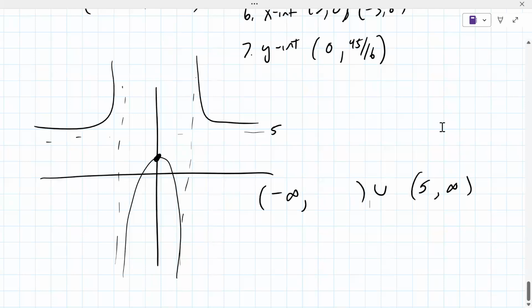Let me find the maximum there. All right, I got 45/16.